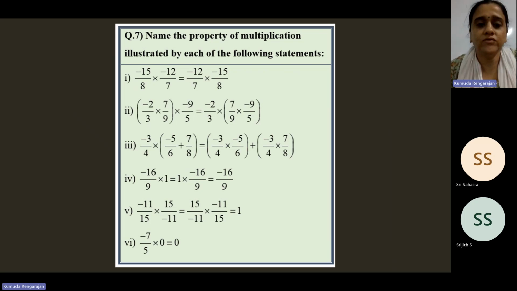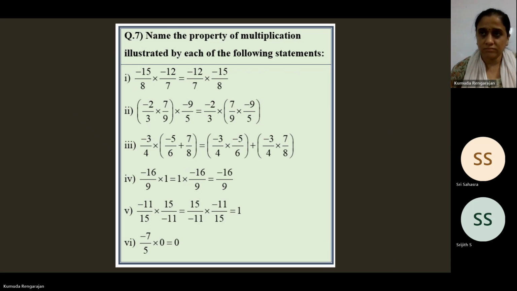Anirudh, first one. Commutative property of multiplication of rational numbers. Second one. You lost your focus. What's the second one? Third one?